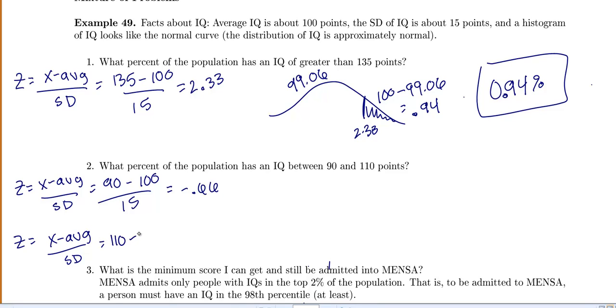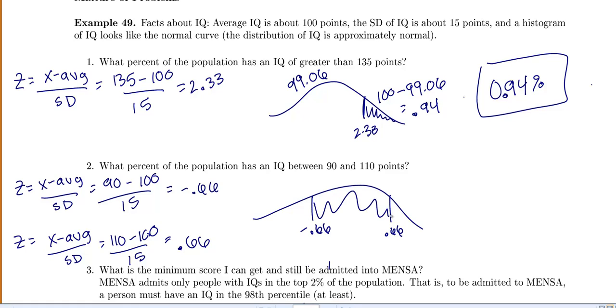So 110 minus 100 over 15, that's going to be positive 0.66. And now I'm looking for the area in between, so negative 0.66 to positive 0.66.